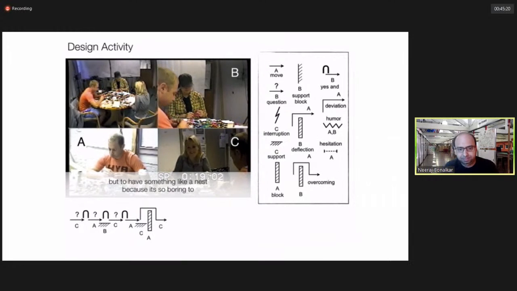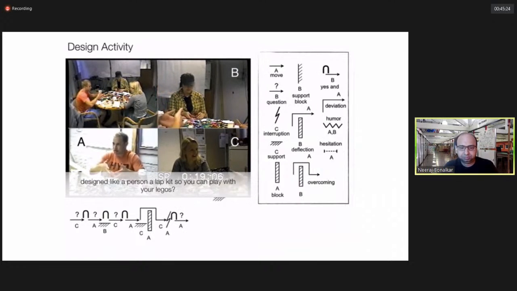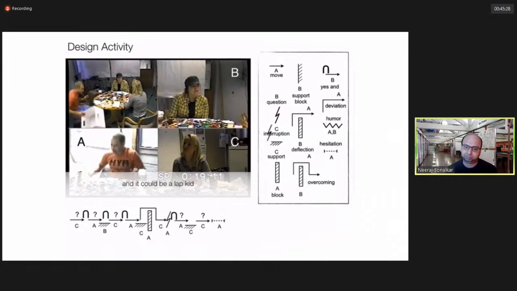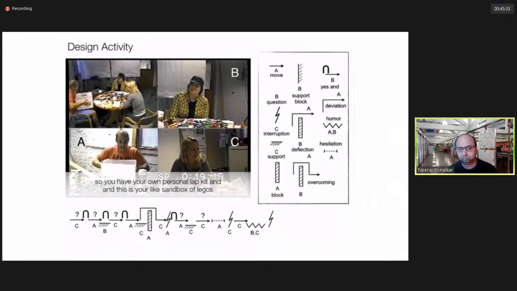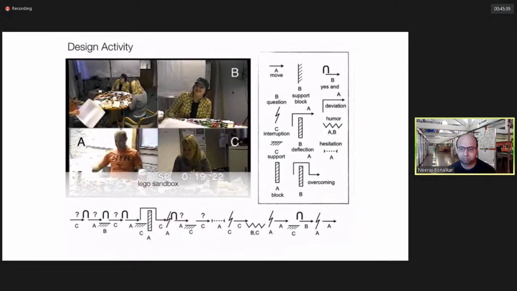But to have something like a nest, because it's so boring. Design like a lab kit so you can play with your Legos? Yeah, a lab, what did you say? A lab kit. Yeah, so... And it could be a lab kid. So you have your own personal lab kit, and this is your sandbox of Legos. Let's use that. Oh, a Lego sandbox. I think that's Lego sandbox.